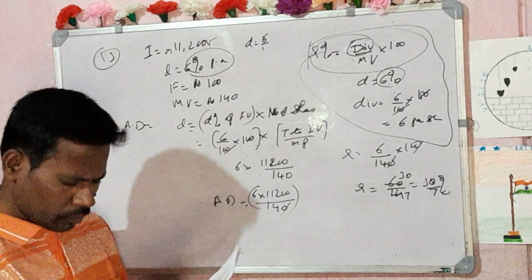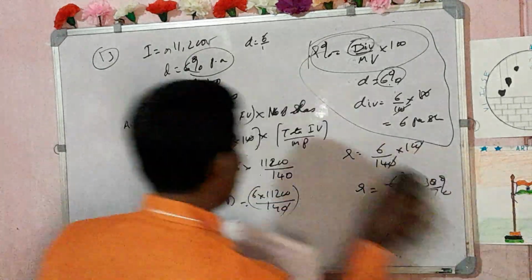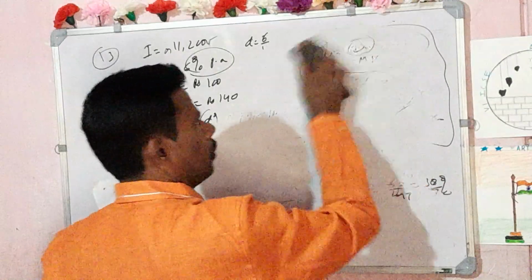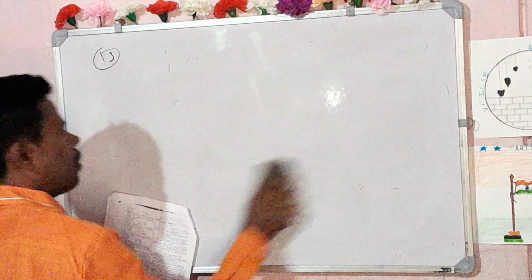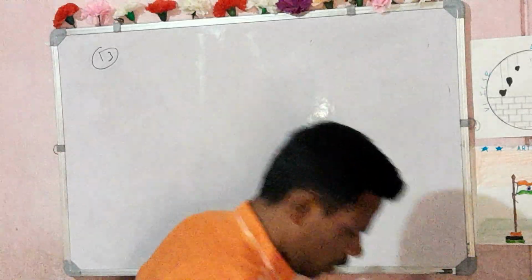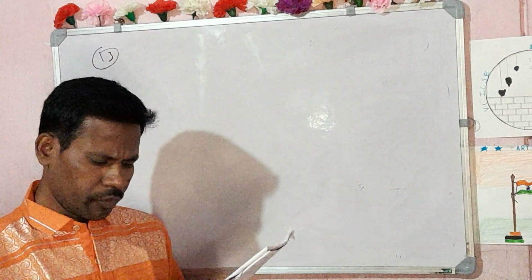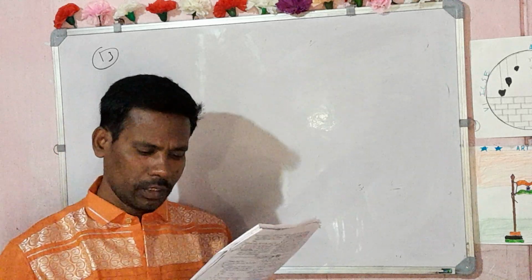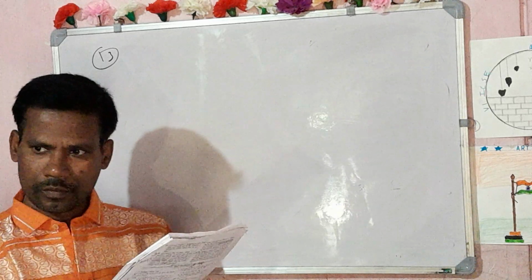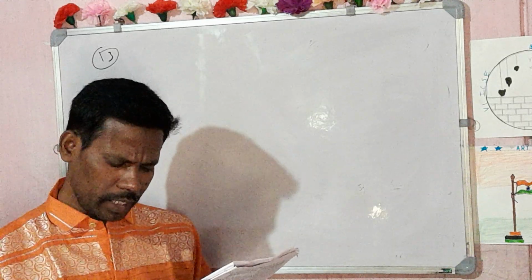Next question. Mr. Sharma invests in 60 shares. Mr. Sharma has 60 shares of nominal value or face value, both are the same.